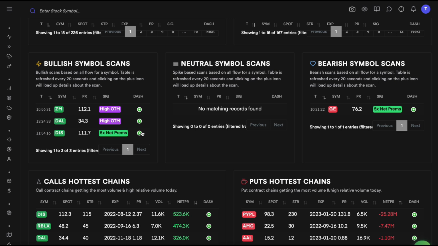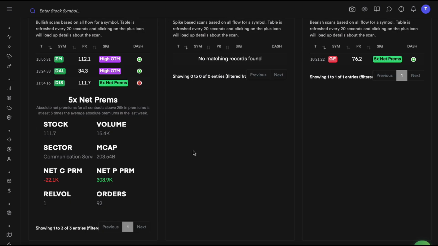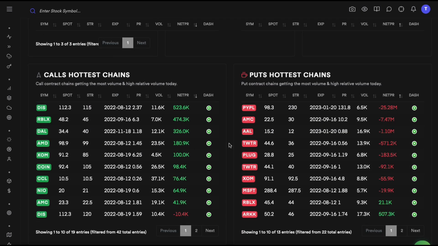Then we have 5x net premiums. This just means the net premiums for all the flow for the symbol is about 5 times more than the average. And finally we have the hottest chains for calls, and then the hottest chains for puts. These are the contracts that are getting the most volume, and they have the highest relative volume today.